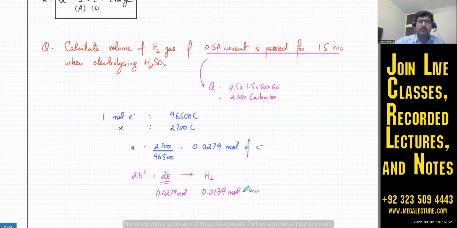So 0.0139 moles, and once you have those moles, you can just multiply by 24 dm cube to figure out the volume, which is, वो बता दो क्या वॉल्यूम बनता है इसका.